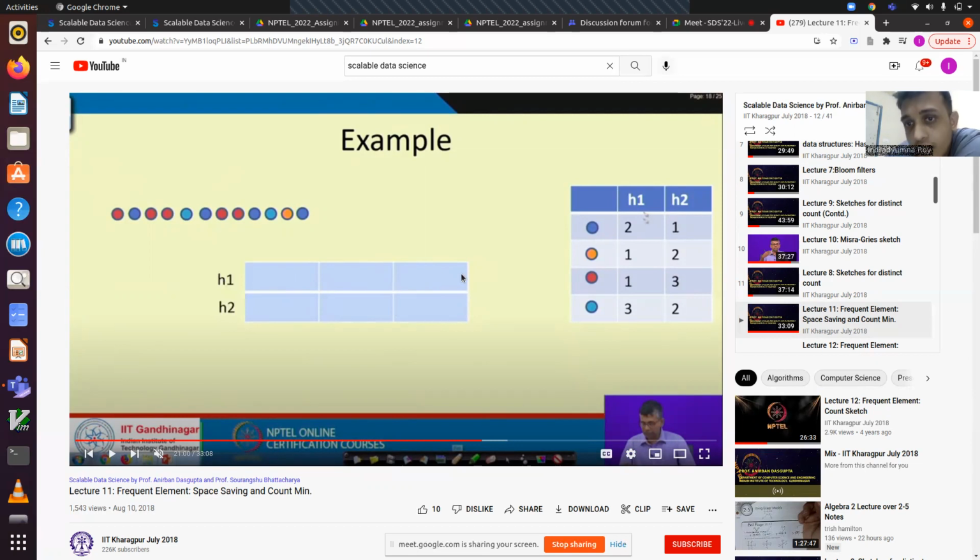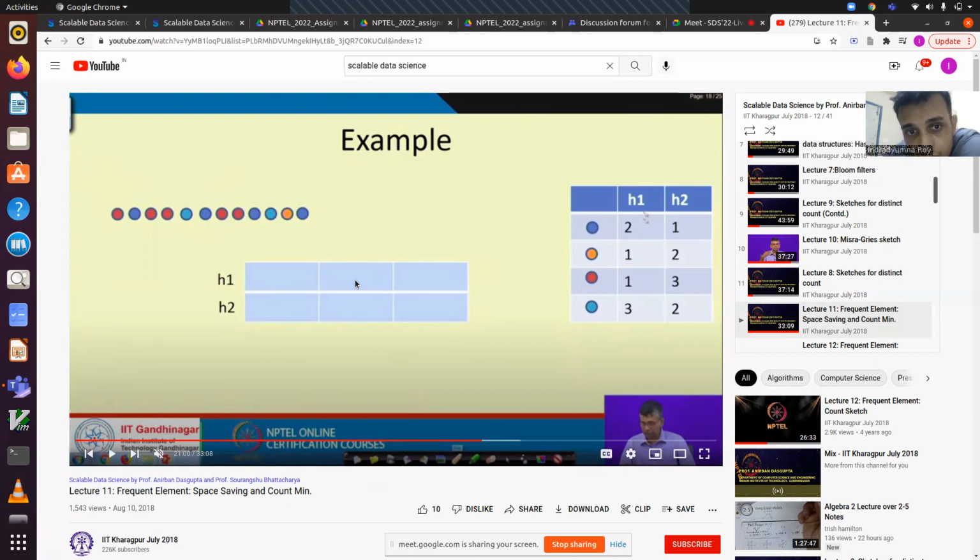On the right hand side, this table is telling you the hash function behavior. Whenever h1 encounters a blue ball, it maps it to the second position and sets the second position to 1. So whenever the input data has a blue ball, it sets this location to 1. This is again very similar to Bloom.